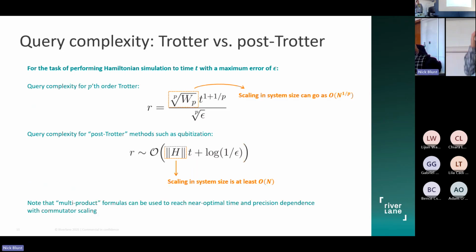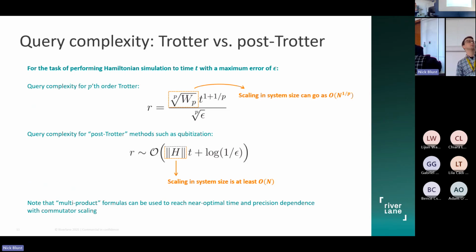However, the scaling in the system size depends on these three factors. And actually, in this case, Trotter methods can do better. So I'll show later that for the Hubbard model, this W is actually order n. In particular, for local Hamiltonians, simple model Hamiltonians, this can be just order n, and so total scaling is like the p-th root of n.